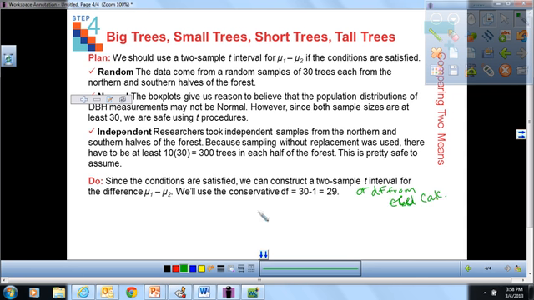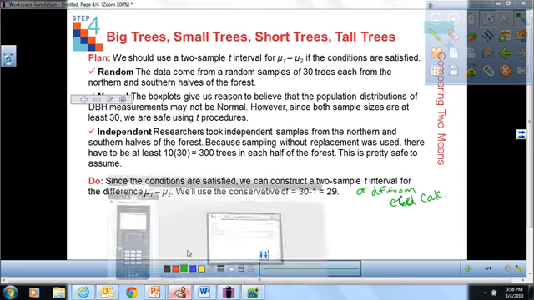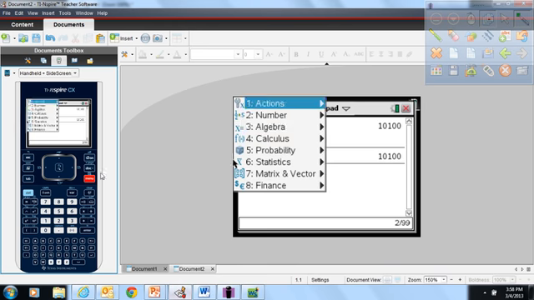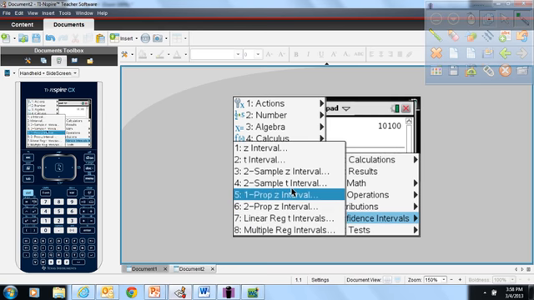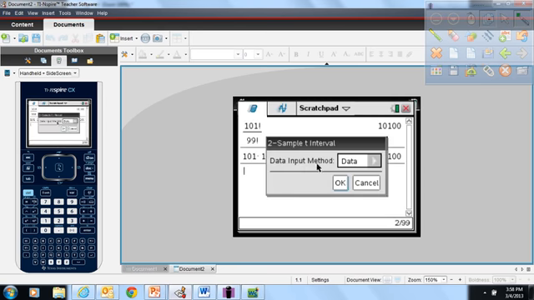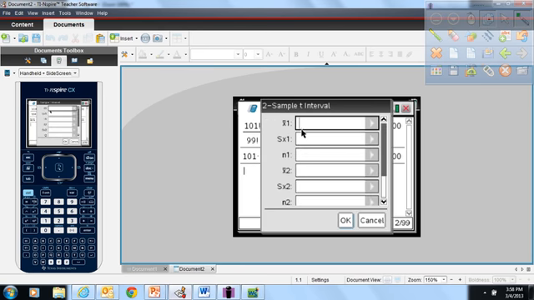All right, and so at this point, before I even start my do step, I would run my do step in my calculator. So I would go to menu, statistics, confidence interval, and I have a 2-sample t interval. And I have statistics, so it's going to ask me for my x bar from group 1.